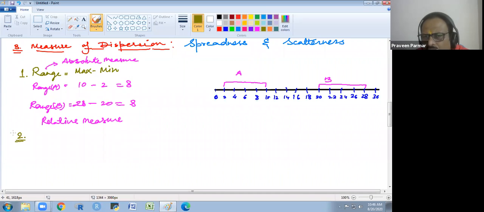These are all coefficients. A coefficient is a relative measure because in correlation we are relatively comparing two variables, and we are measuring the degree of relationship.